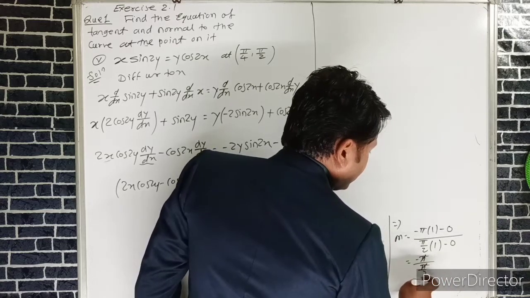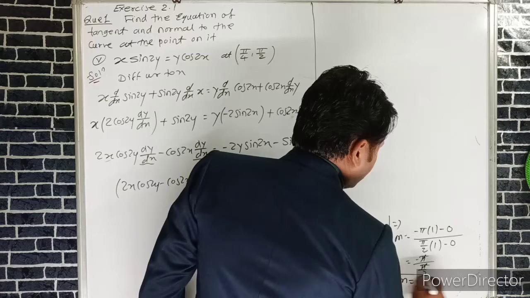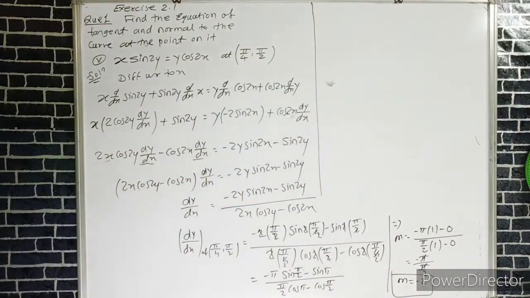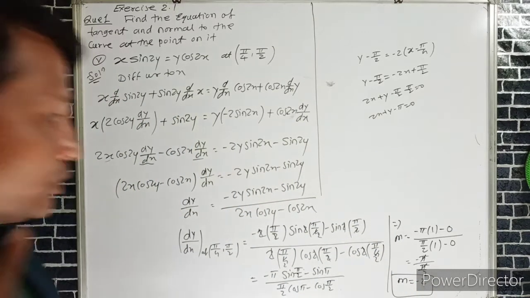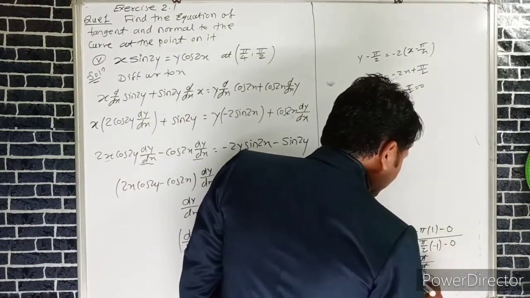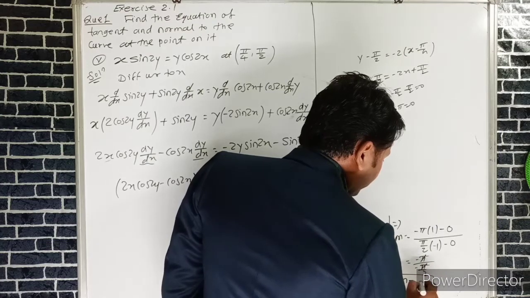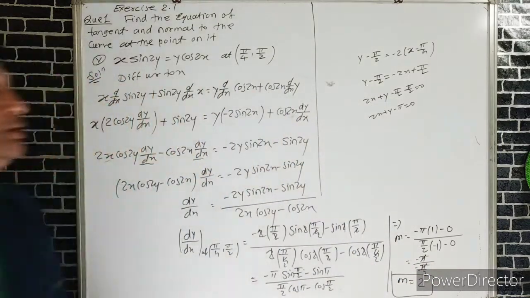Pi cancels. If we shift the 2 to the numerator, the slope m is equal to minus 2. So the value of cos pi is minus 1. Hence the value of slope m is 2.